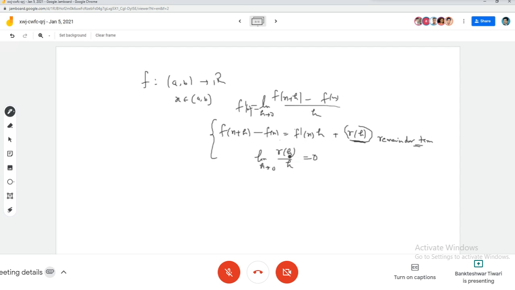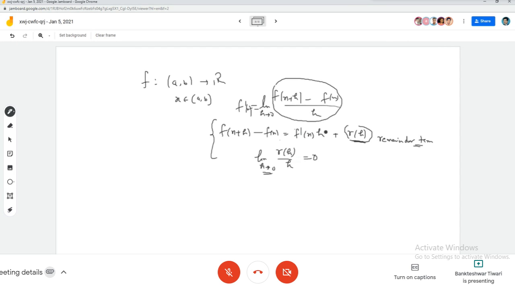So when this r(h)/h, limit h tending to 0 is equal to 0, it's equivalent to say that this limit exists when h tending to 0. And in that case, we call this number a as f'(x), and this is called the differential coefficient or derivative.